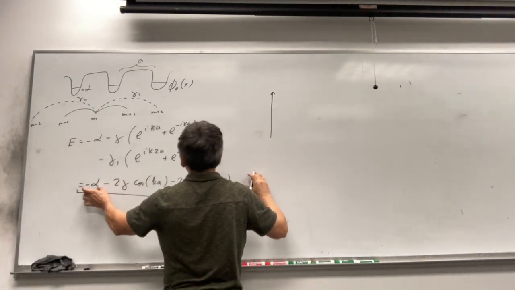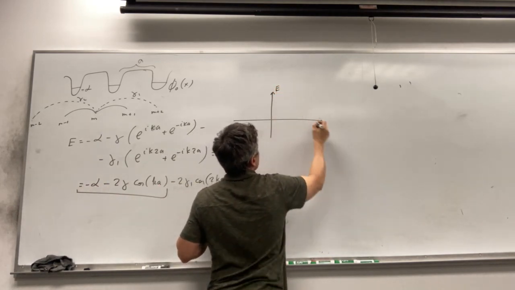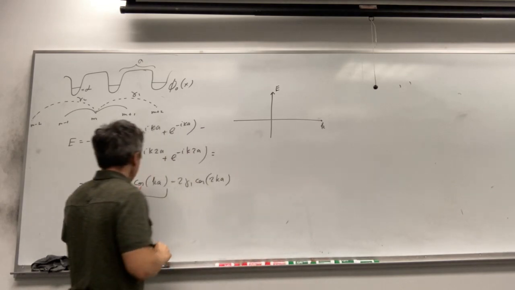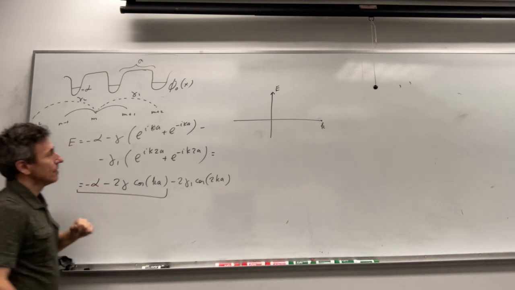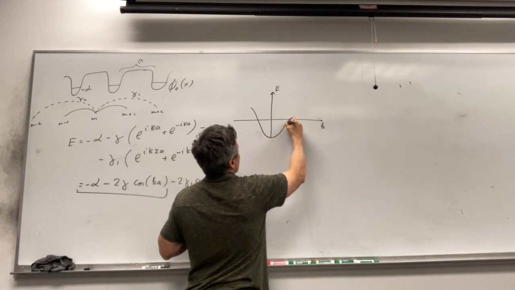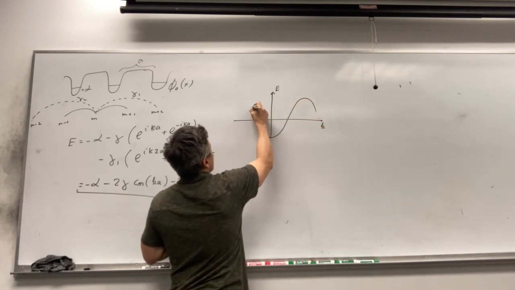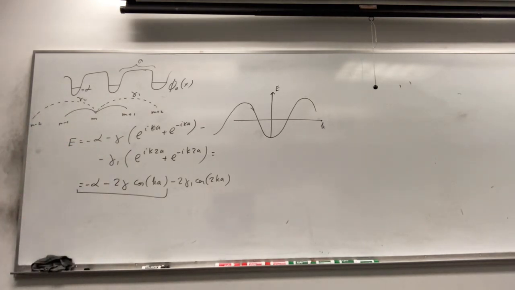So let's assume that alpha is 0. Again, it doesn't matter what the parameter alpha is. So energy is a function of k. It's a cosine function. So if gamma is positive, then it will be minus cosine. So it means that it will go like that. And you can see this is a periodic function with respect to k.